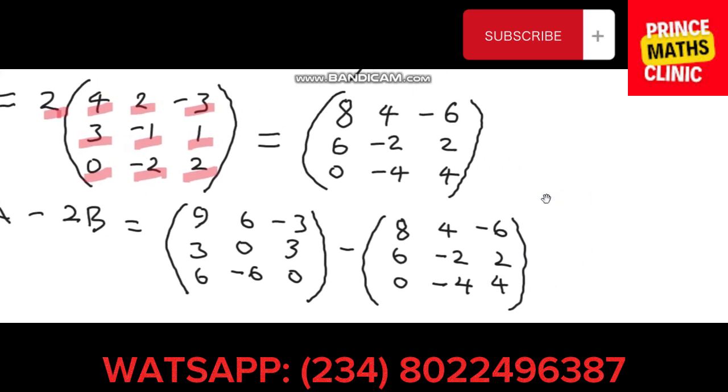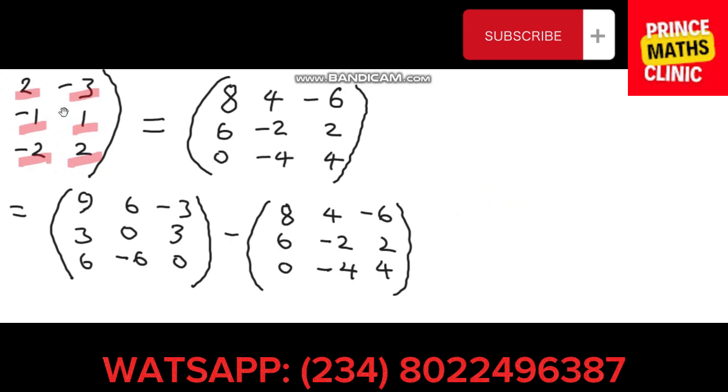So looking at the results now, you know where we are to subtract, right? What you would do is say 9 minus 8, that is 9 minus, because there's a minus here, then 8. 6 minus 4, minus 3 minus 6.